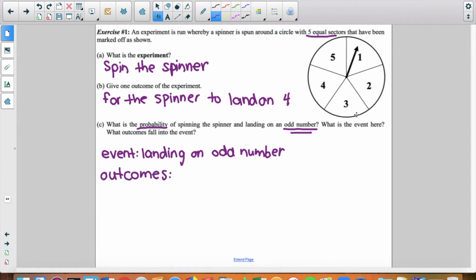We're talking about odd numbers. 1 is an odd number. 3 is an odd number. And 5 is an odd number. 2 and 4 are both even. So our outcomes could be either 1, 3, or 5. These 3 are our odd number options. Now let's find the probability of spinning an odd number.